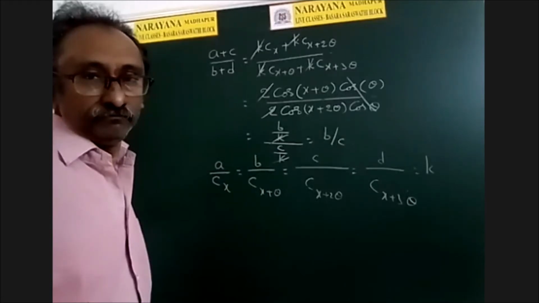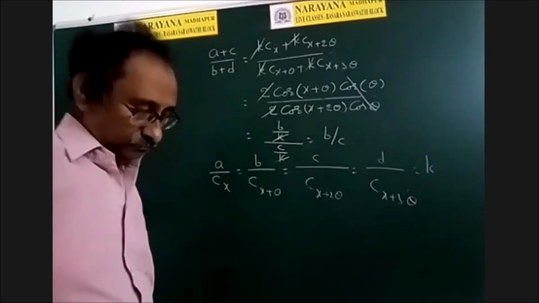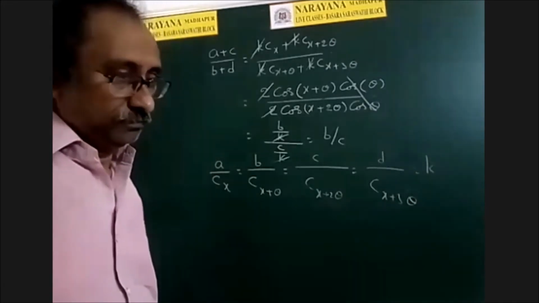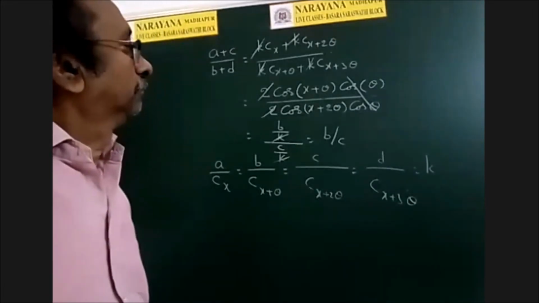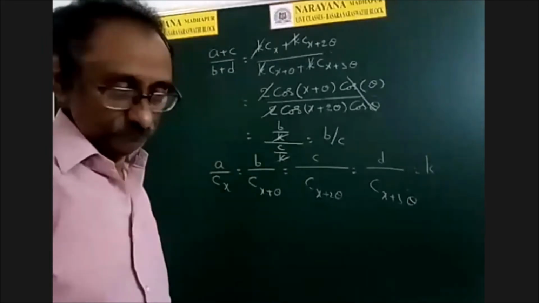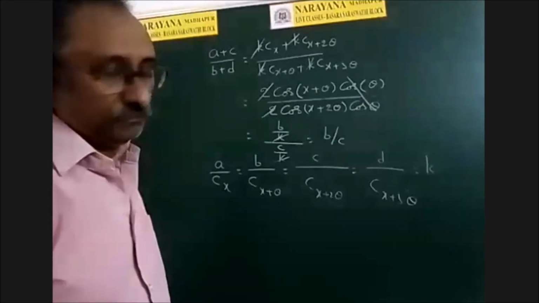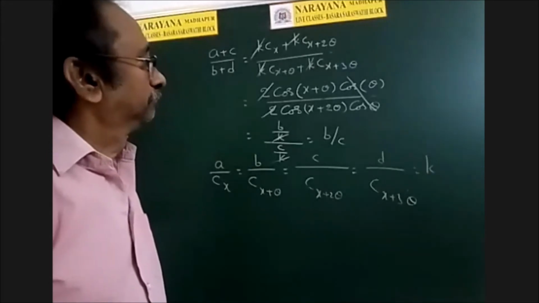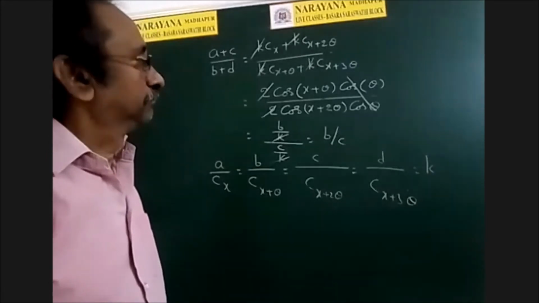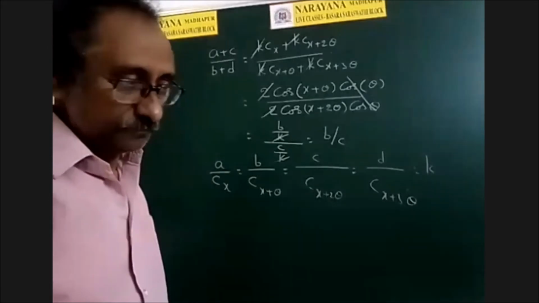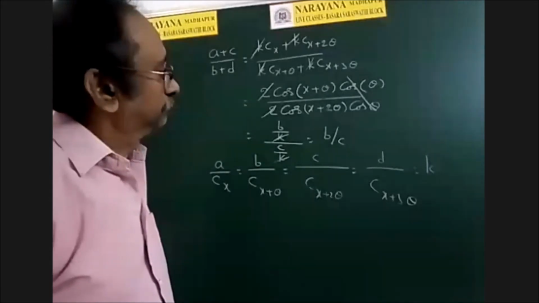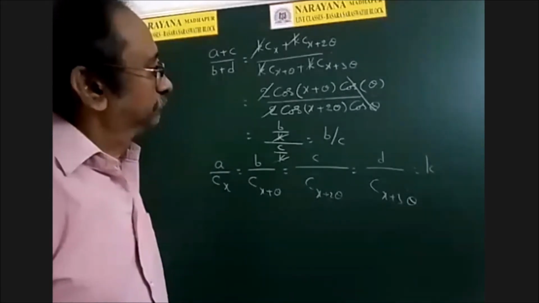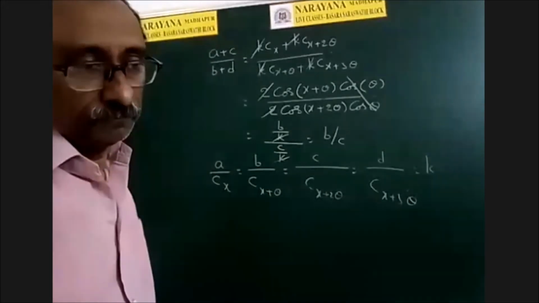Varun? Sir, in the second step, in the denominator, we have 2 cos a plus b by 2 by cos a minus b by 2, no, sir. Then we will get cos 2 theta, no, sir. Where? This side.